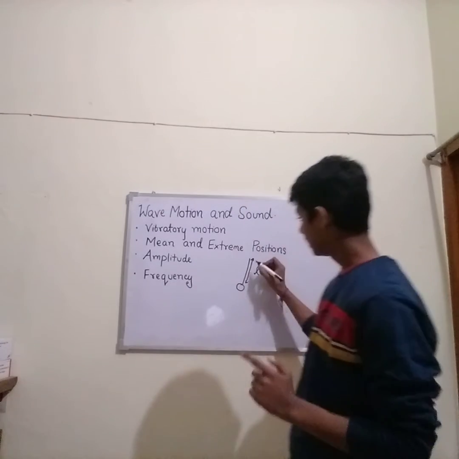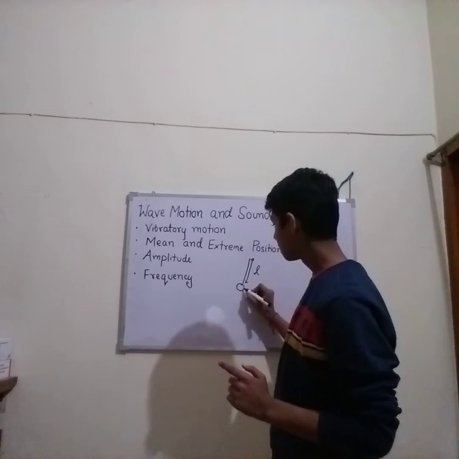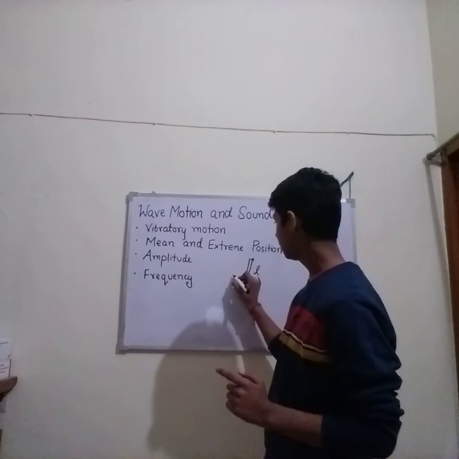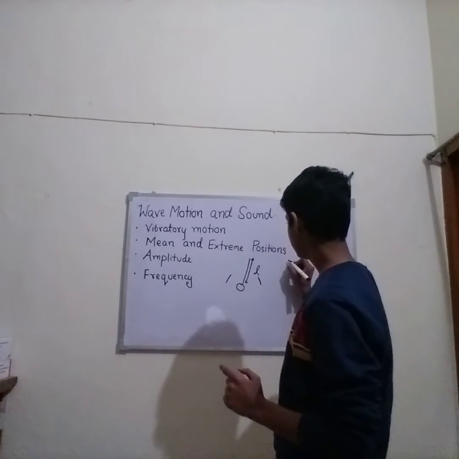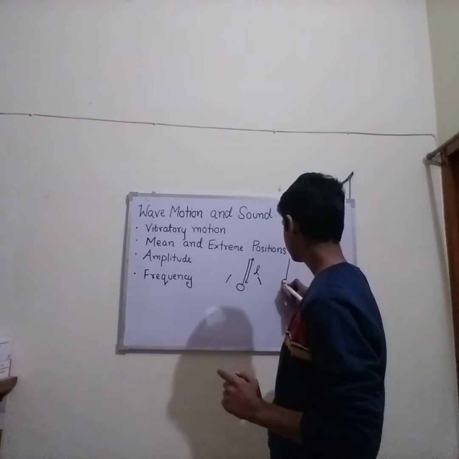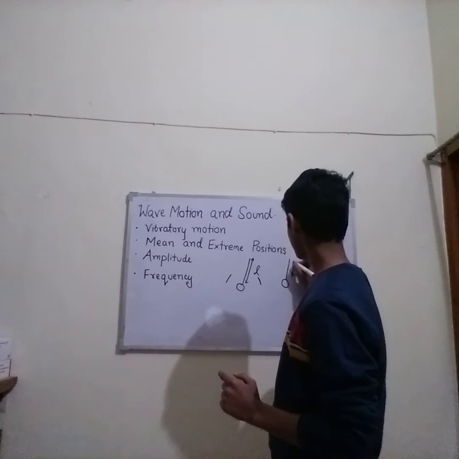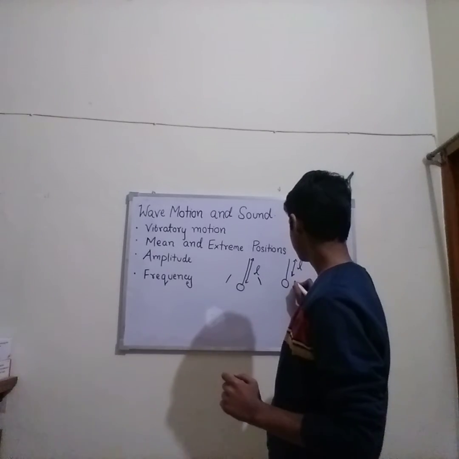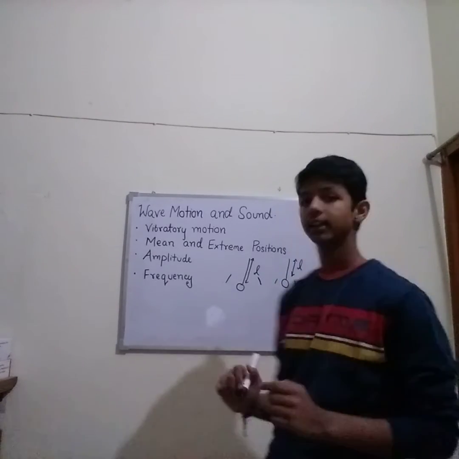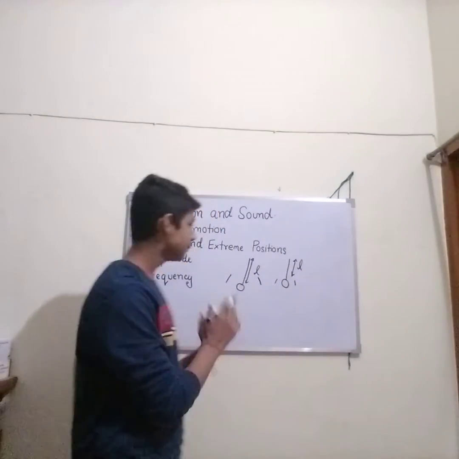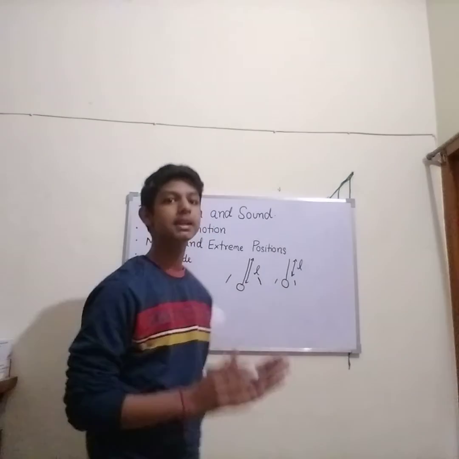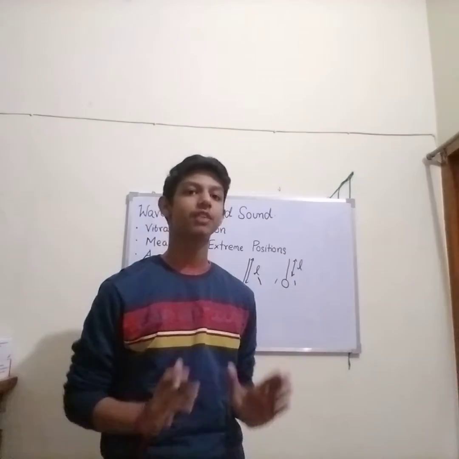Which means if we take a bob with this amplitude, and we take a bob of similar length L whose amplitude is smaller, the time taken will still be the same.